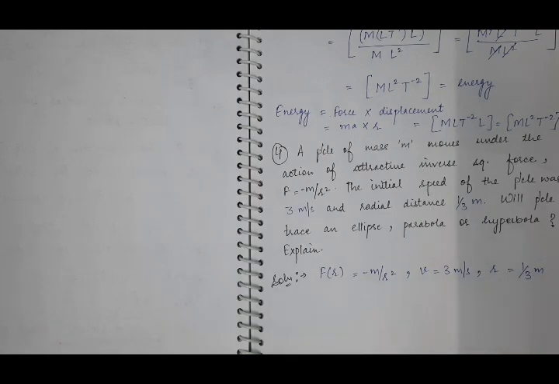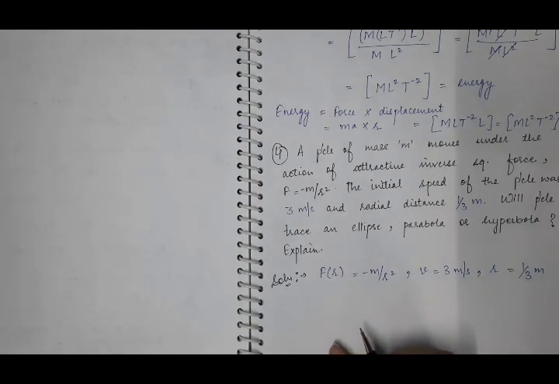If it is equal to 0, then it will be a parabola. If the energy is negative, less than 0, then the path followed by the particle will be an ellipse. And if the energy is greater than 0, that is positive, the path followed by the particle will be a hyperbola, because we have already discussed this in one of the articles.